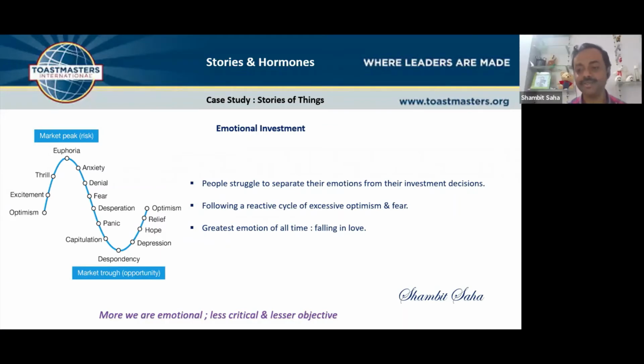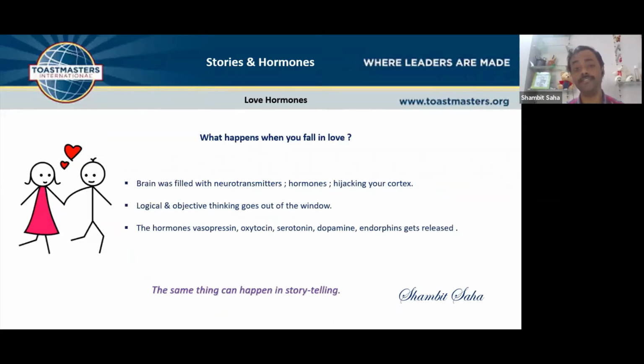Correct. So what happens when you fall in love is everything around us is so beautiful. We hear the same song and it is so beautiful, because studies have shown that our brains are filled with hormones like oxytocin, serotonin, dopamine, endorphins.